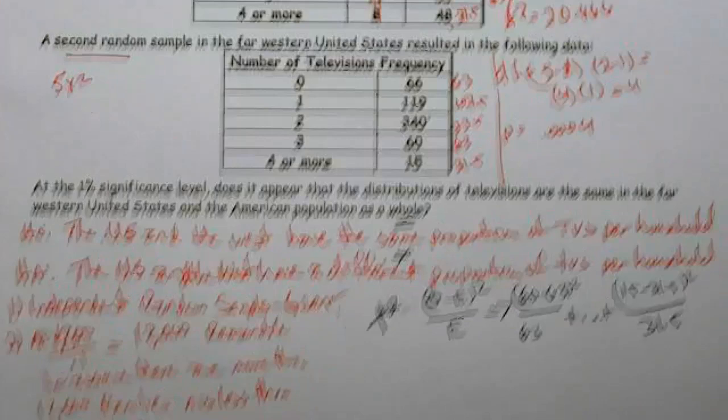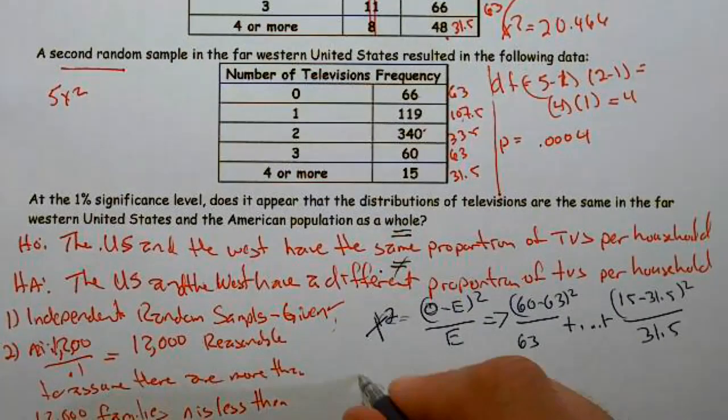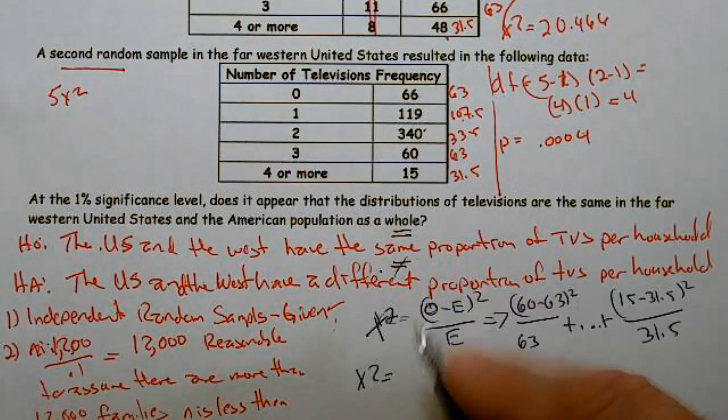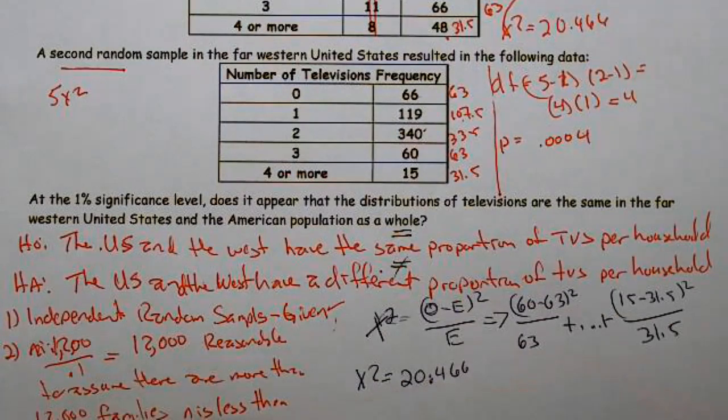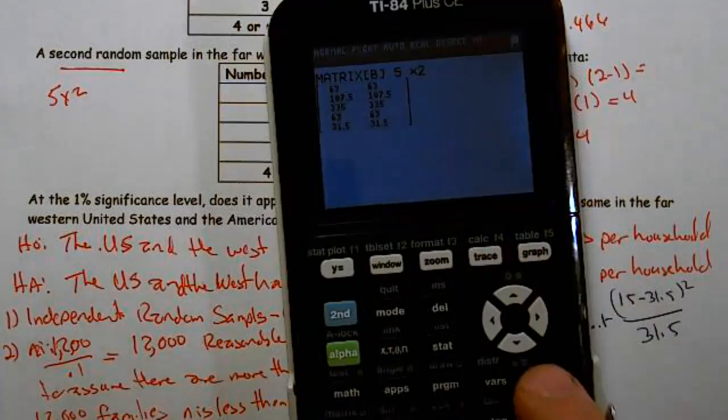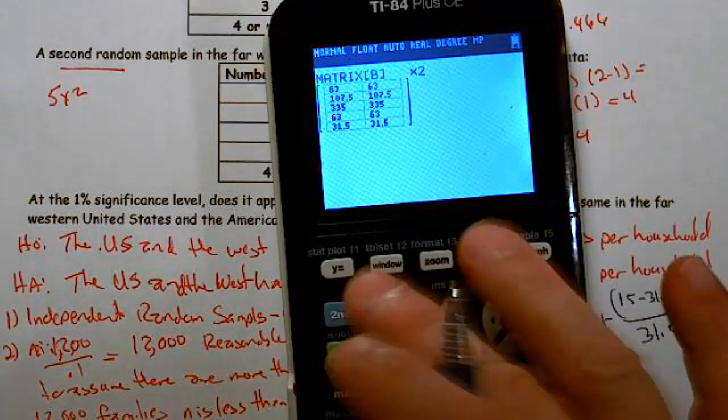We already said that gave us an extreme chi-squared, and our chi-squared is 20.4666.